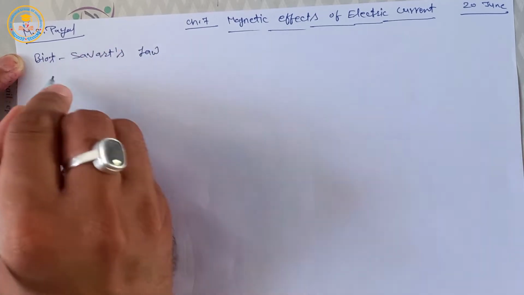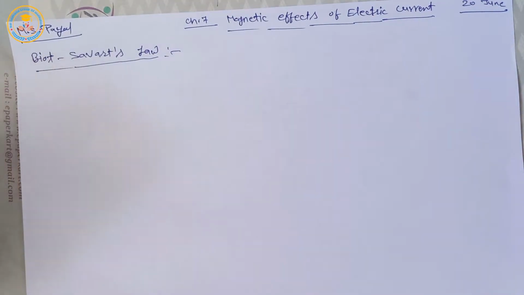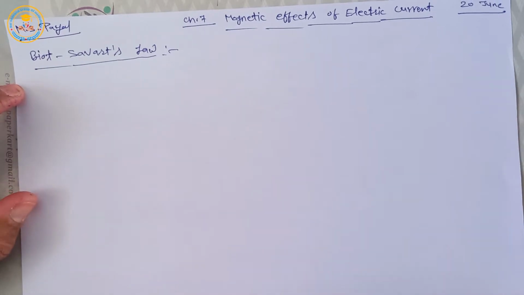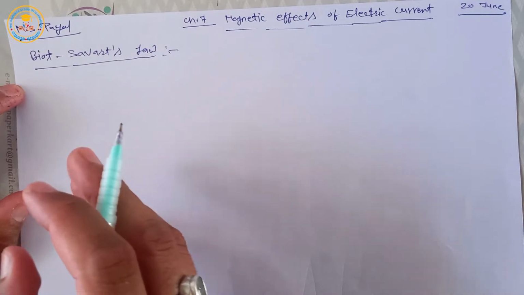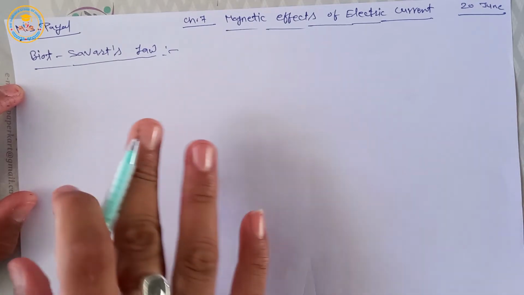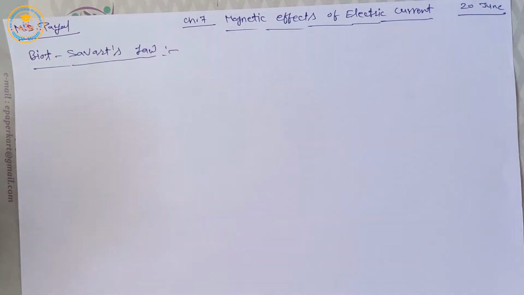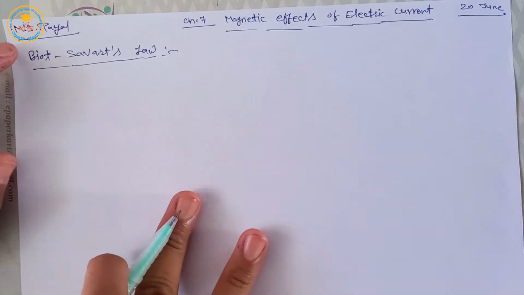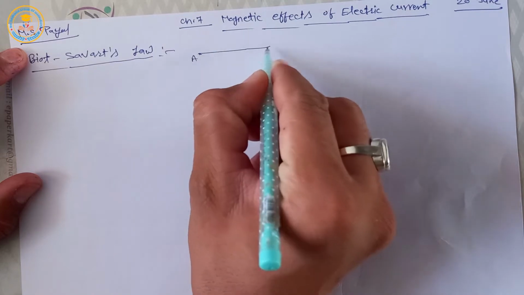Our topic is the Biot-Savart law. To calculate the magnetic field at any point due to a current carrying wire, Biot-Savart gives a rule, a law, which finds the magnetic field. Suppose we have a wire AB.